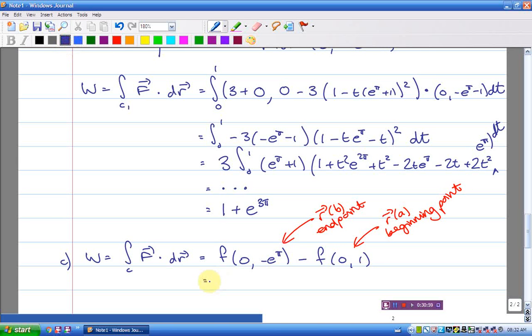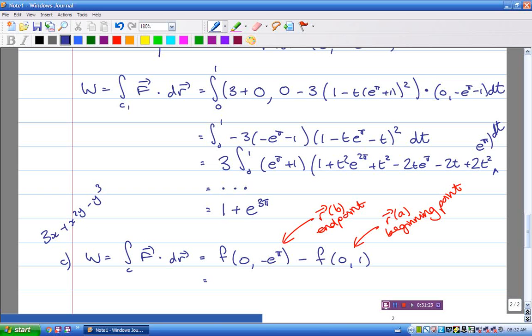And our potential function, I've scrolled past the potential function, but let's just remind ourselves what it was. It was 3x minus x squared y plus x squared y? I've forgotten now. Plus x squared y minus y cubed. That was the potential function that we came up with just up the page somewhere. Let's evaluate f at that.